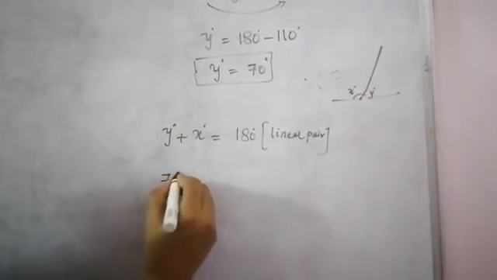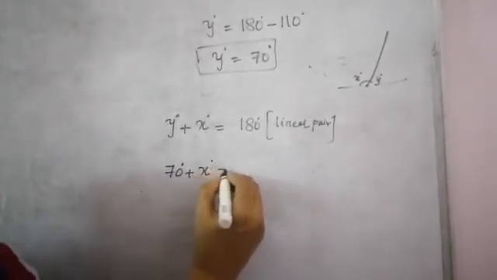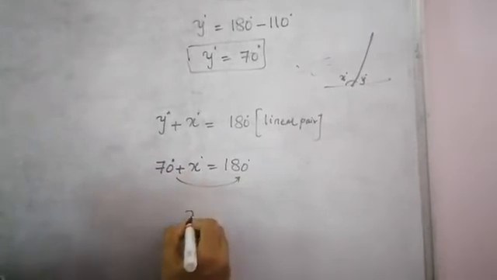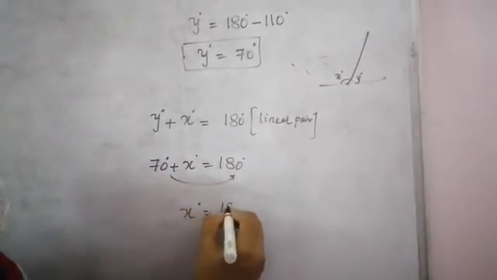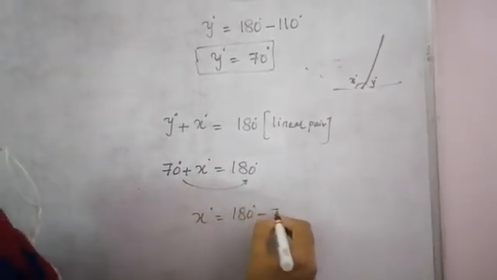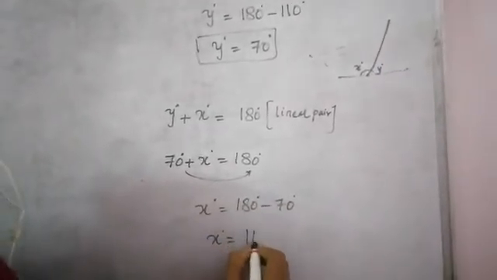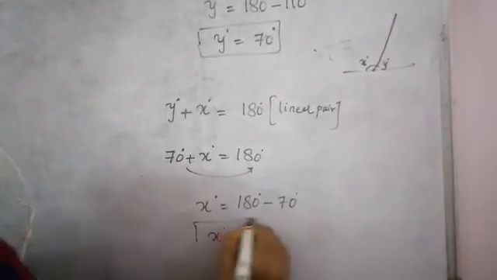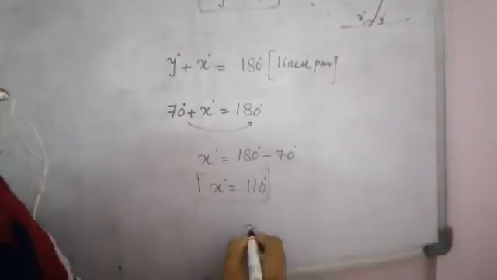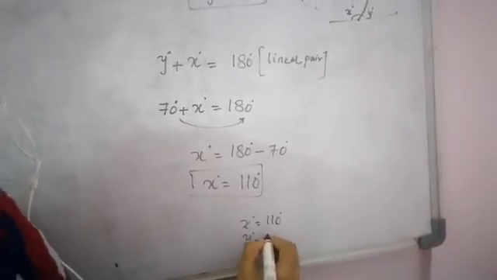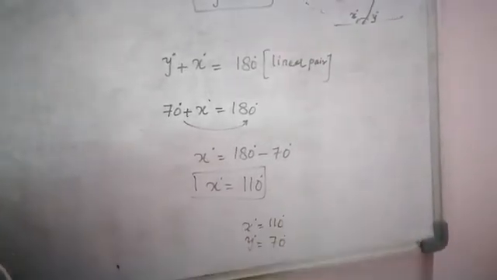Now substitute. 70 plus x is equal to 180 degrees. Send 70 to that side, children. X is equal to 180 minus 70 degrees. So x is equal to 110 degrees. So we got x degrees as 110 degrees and y degrees as 70 degrees.